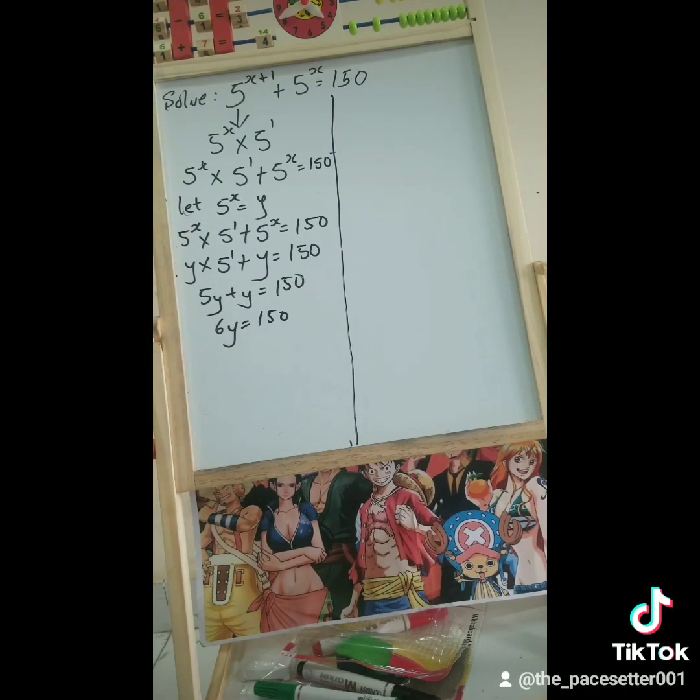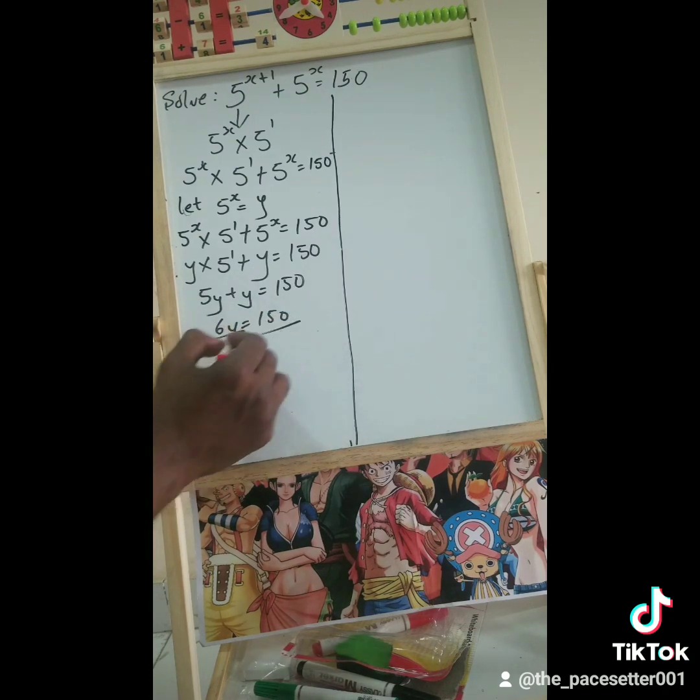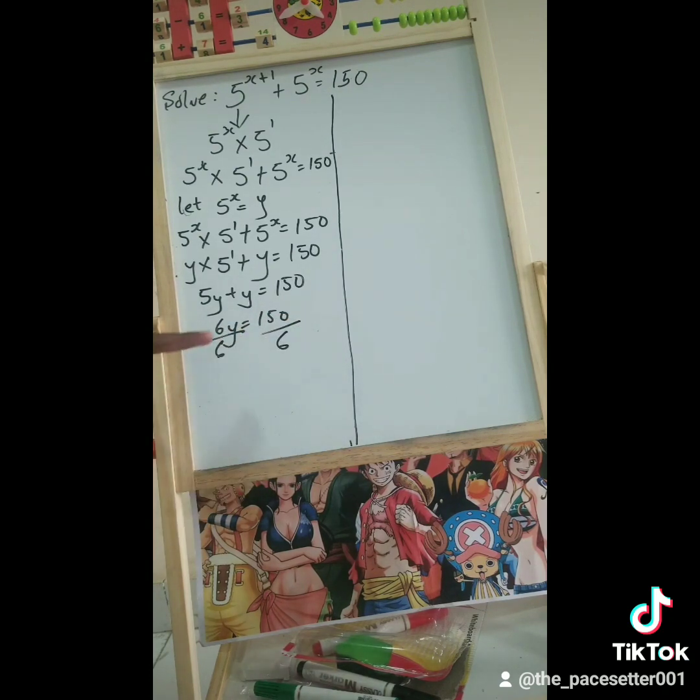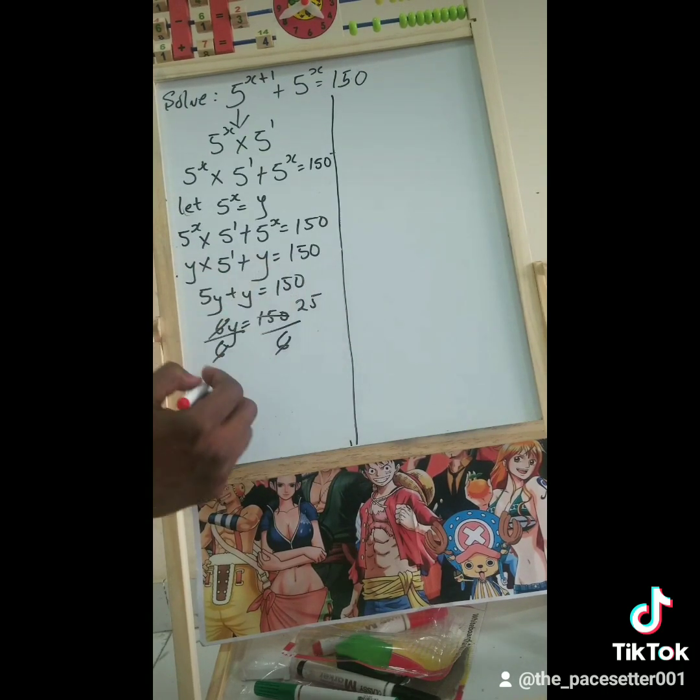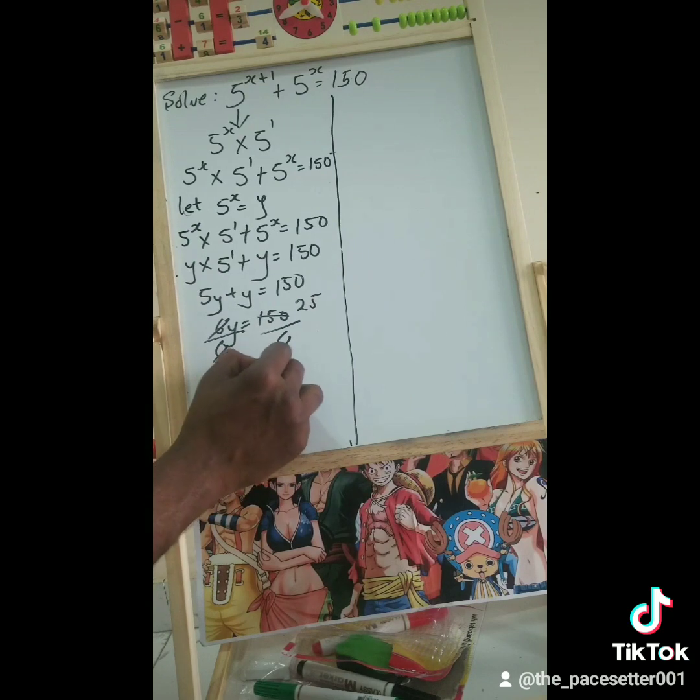Let us make y the subject of the formula, which means we divide both sides by 6 to make y stand alone. The 6s cancel out, and 150 divided by 6 is 25. So our y equals 25.